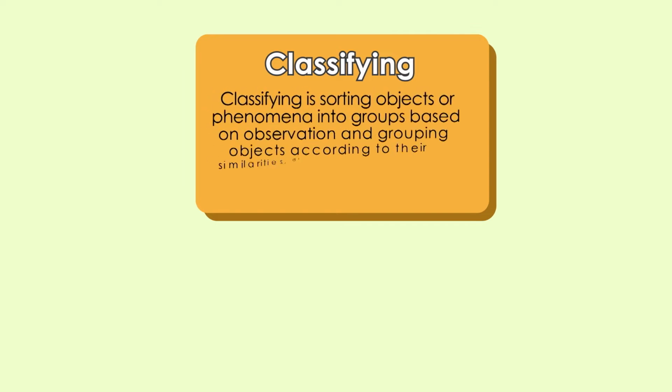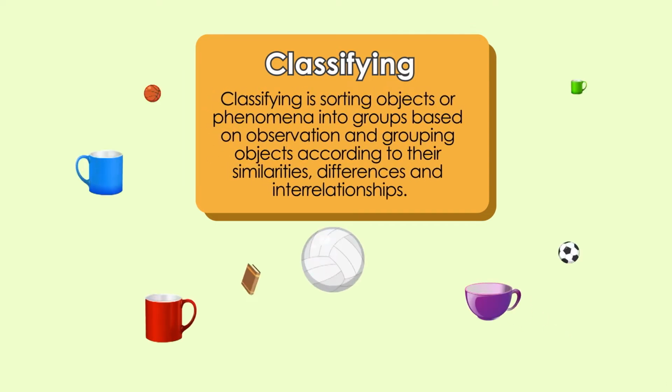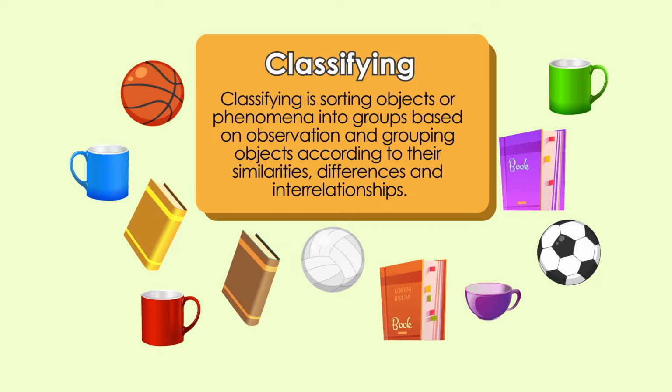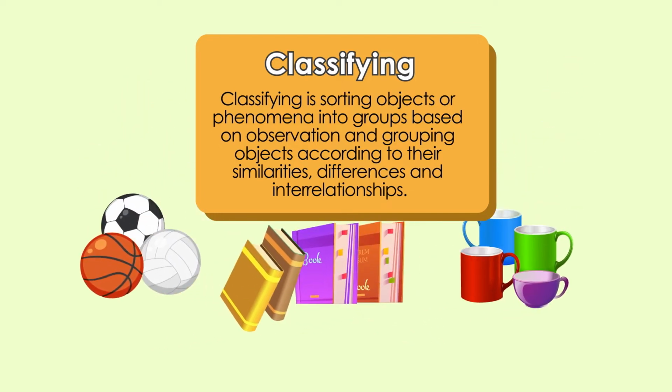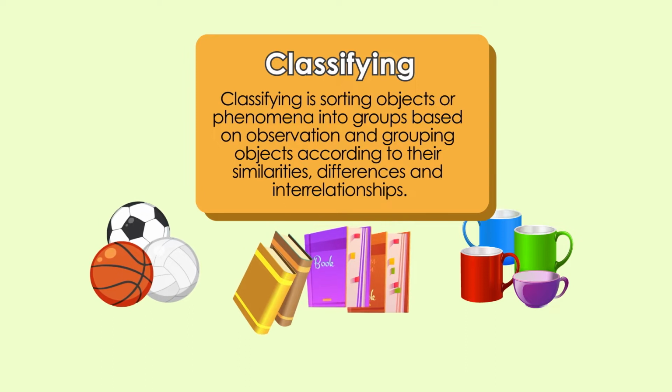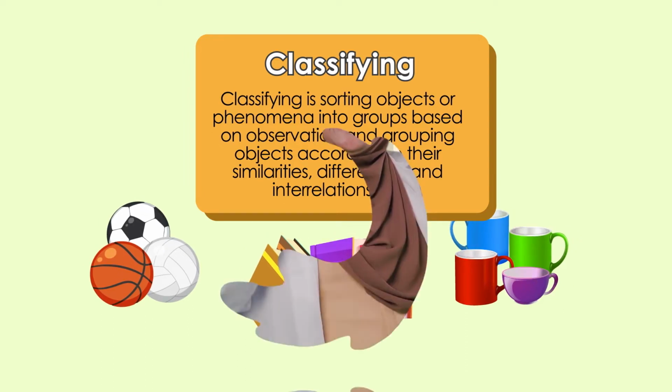Second is classifying. With this skill, boys and girls, you are expected to be able to sort objects or phenomena into groups based on your observations. Grouping objects or events is a way of putting order based on similarities, differences, and interrelationships.